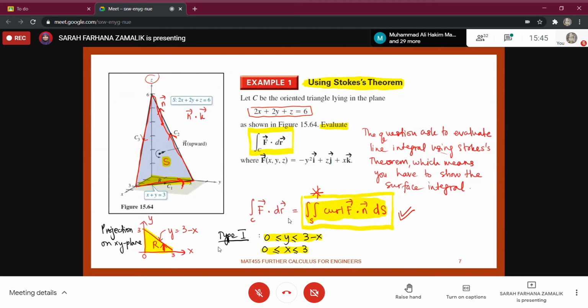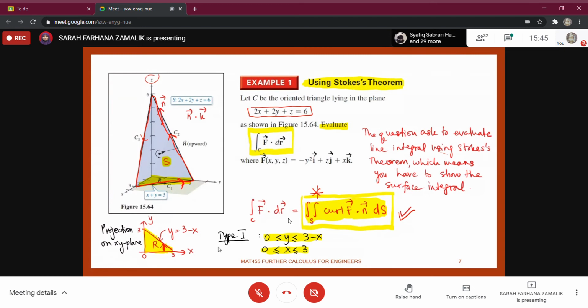Tapi sebab dia kata kena guna Stokes Theorem, so according to the Stokes theorem, awak kena show yang double integral. So selagi dia tak tulis work tu bukan cari work lah maksudnya. Kalau dia tulis find the work done, yes, tu baru cari work done.